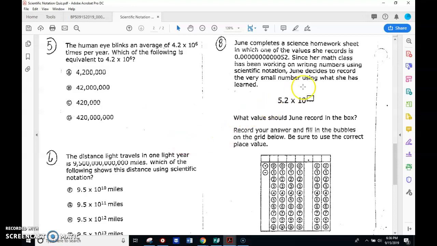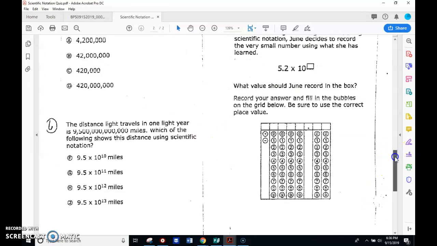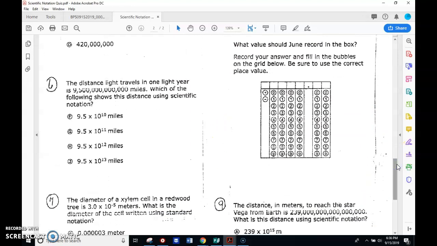Number 6. The distance light travels in 1 light year is 9,500,000,000,000,000 miles.